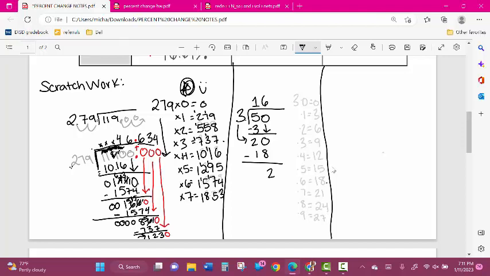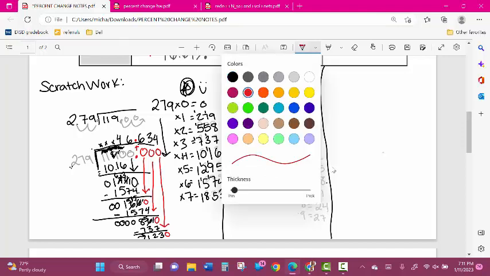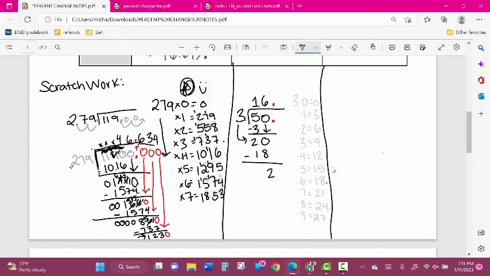I have no more numbers to bring down, and I still have leftover things, so I will make a decimal with a 0. Decimal goes up, 0 brings down. Okay, so now I've got 3 into 20, and I'd like to point out that I've already done 3 into 20.